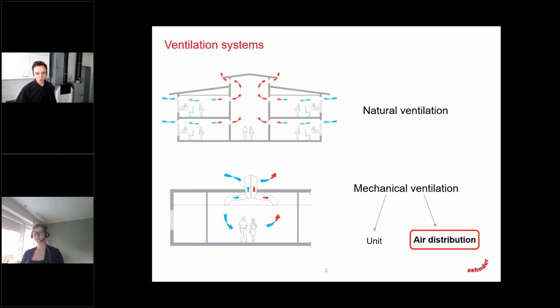So we are talking about mechanical ventilation, especially about central units today. In the last webinar, we were talking about decentralized solutions. But for decentralized solutions, you do not need an air distribution system. So today we concentrate on central solutions where we need an air distribution system.